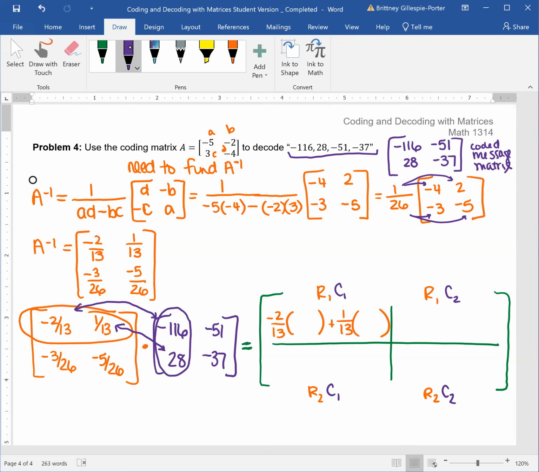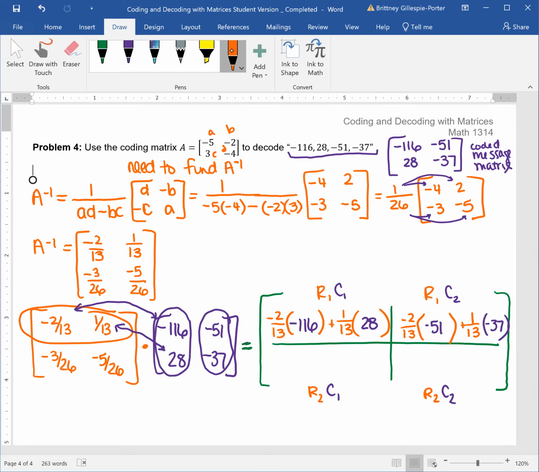So first parenthesis will be -116, second will be 28. Now that we're done with row 1 times column 1, we'll go to row 1 times column 2, the -2 over 13 and the 1 over 13 carry over. And this time in purple, we'll have -51 and -37.